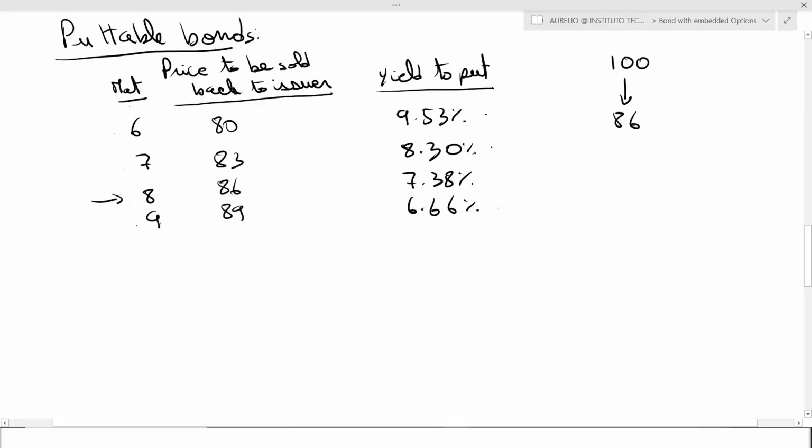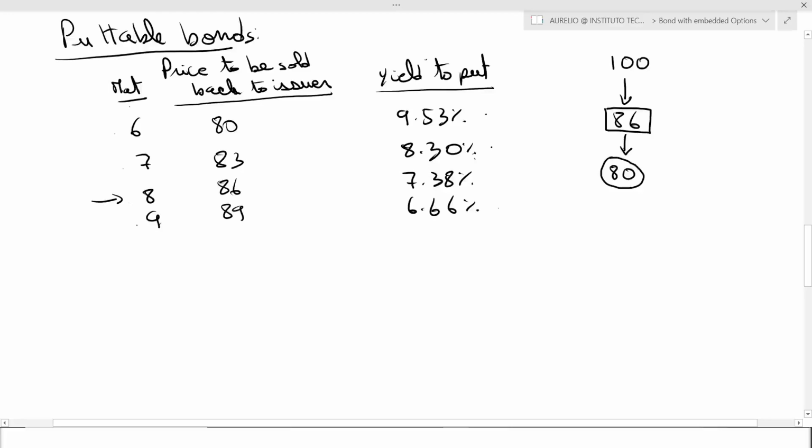But let's imagine that the price goes further down to 80. At that point, the buyer of the bond has the option of returning the bond to the issuer. The issuer is going to pay $86 instead of what the bond is worth in the market, which is 80. Hence, he's going to be making $6.